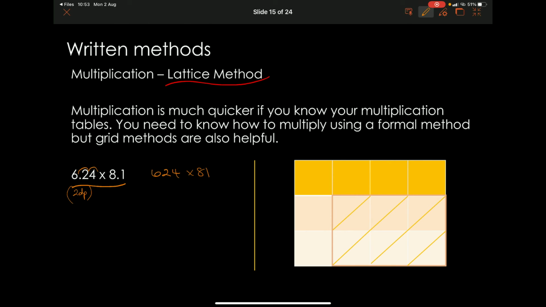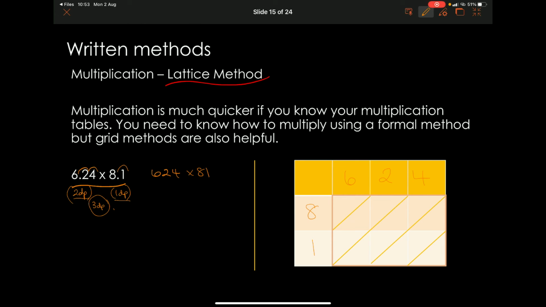And then with 8.1, I've moved it 1 decimal place. So I know that altogether, when I've finished my answer, I need to put my decimal point back in 3 places. 2 add 1 is 3 decimal places in total. I'll show you what that means in a minute. So for now, we're going to do 624 times by 81.